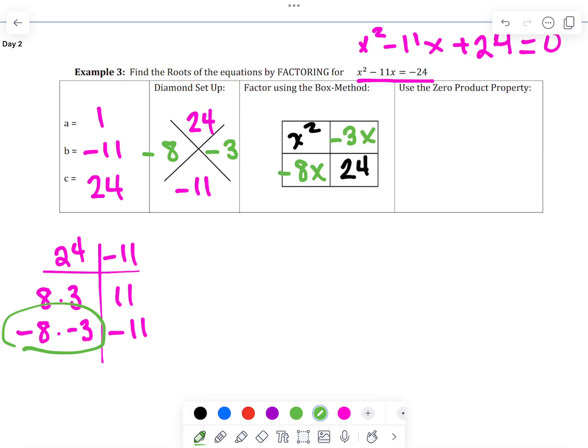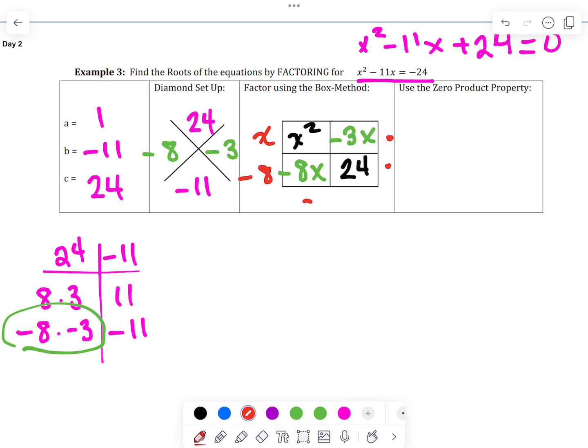Now we go ahead and take out the greatest common factors of each of the rows and columns. This first row, the greatest common factor of those two terms is x. Go to the second row. The greatest common factor of the second row could be a +8 or a -8. I'm going to take out a -8.